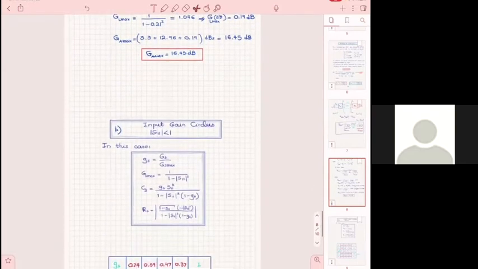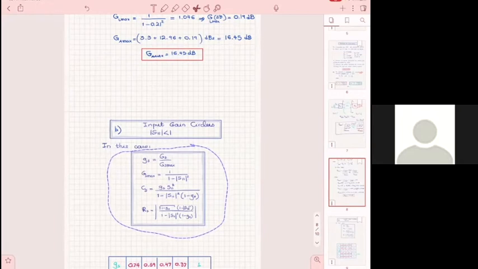So if they ask me to design the input gain circles, and since I have this one, then I know all of my Smith chart is available because it's unconditionally stable. And therefore, I'm getting these expressions, which have been available.